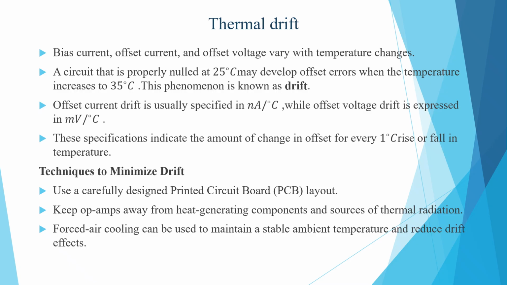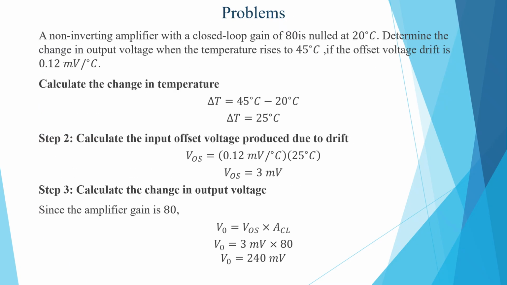To minimize drift, proper PCB design is important. Heat sources such as power transistors or voltage regulators should be placed away from the op-amp. In high precision applications, cooling methods such as forced air cooling may be used to keep the temperature constant and improve circuit stability.